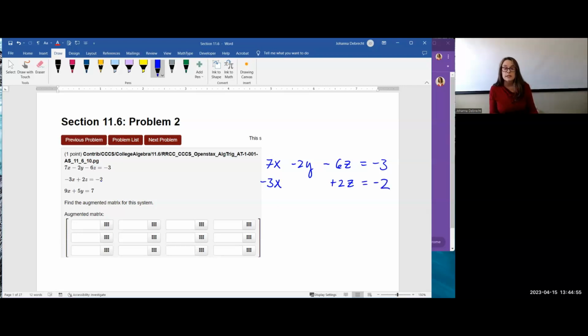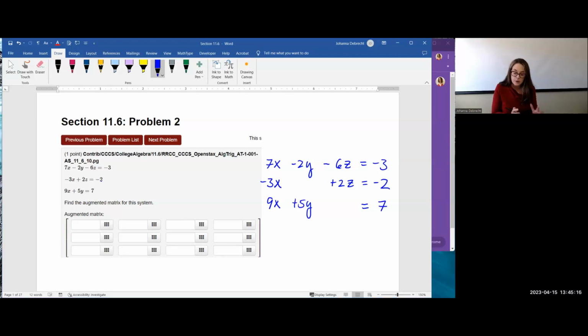This time I chose to leave a blank space under the y in row 1. Then I have a 9x. I have a +5y, which goes underneath the -2y, but in row 3, I don't have a z term. So then I have the equals under the equals and 7 under the constants.